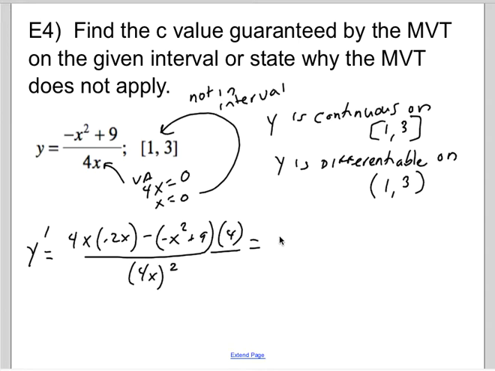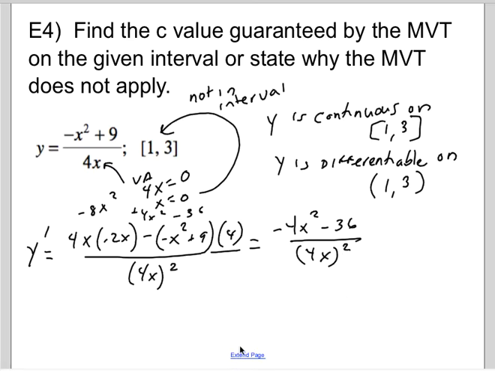So I needed y prime anyway, so it doesn't hurt. So this is a negative 8x squared, plus 4x squared minus 36. So I end up getting that this is negative 4x squared minus 36 all over 4x quantity squared. Cool.